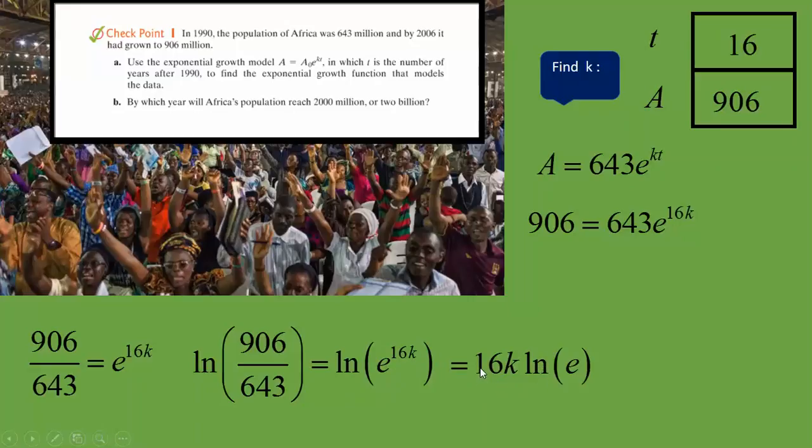So this is 16k times the natural log of e, and so the natural log of e turns out to be 1. Recall that if you're calculating the natural log of e, it's log base e of e. So you're asking e to what power makes e, and of course the answer is 1. So that's why we replace the natural log of e with 1. So now we have our natural log of 906 divided by 643 is equal to 16k.